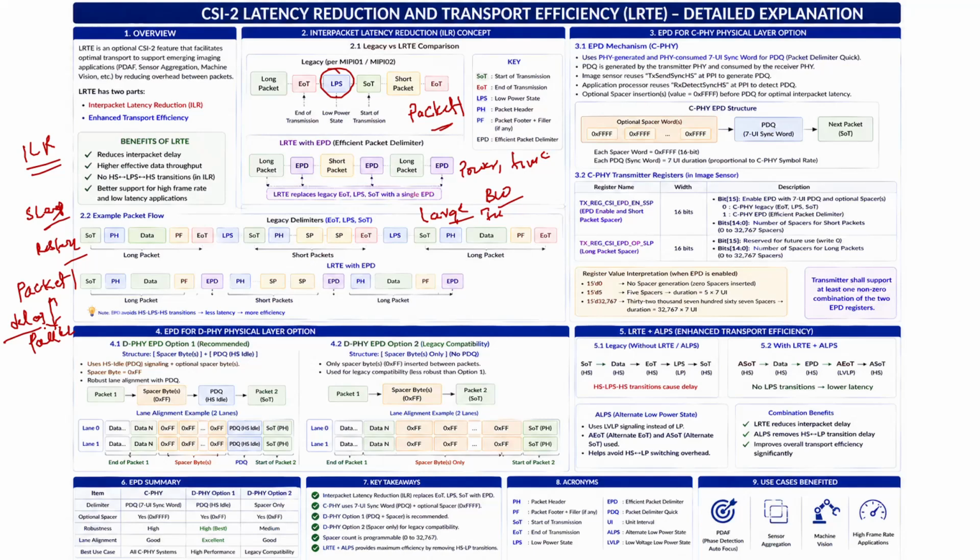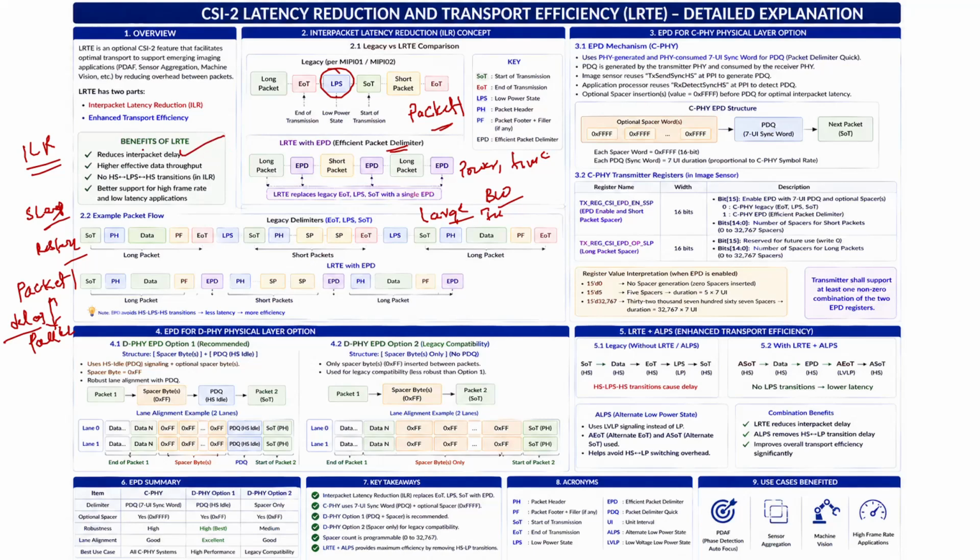Okay, interpacket latency, and then how the Efficient Packet Delimiter is working. And then there is another topic called enhanced transport efficiency, how bandwidth will be improved. So reduce the interpacket delay.